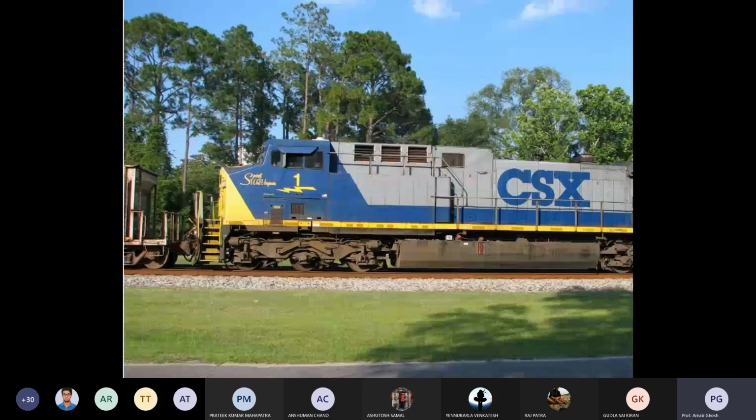It is a goods carrier, and different model numbers are there. In my next slide I will discuss it.